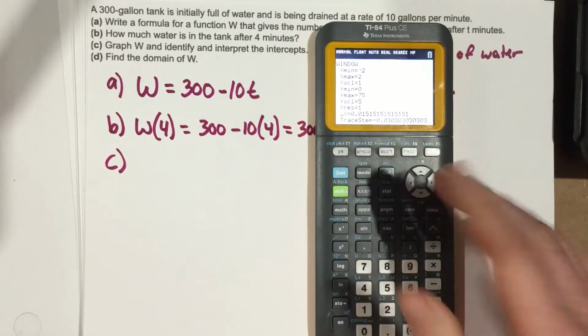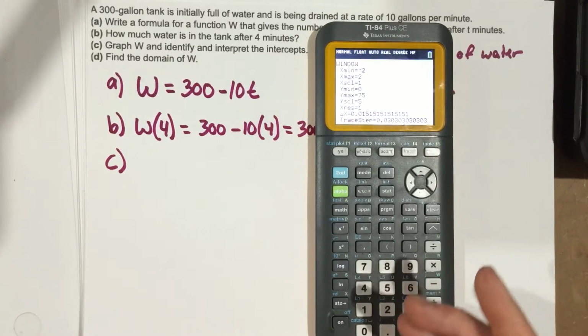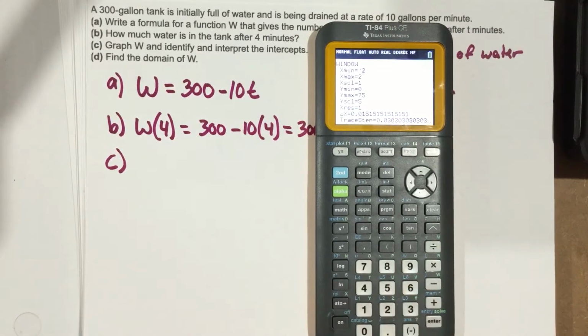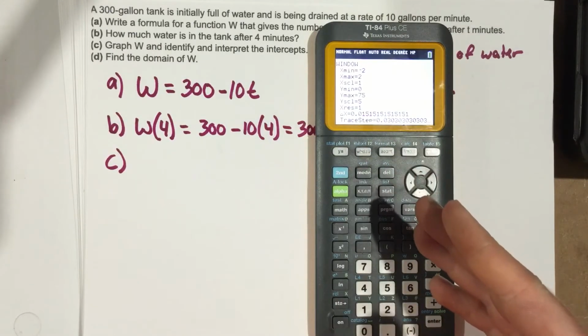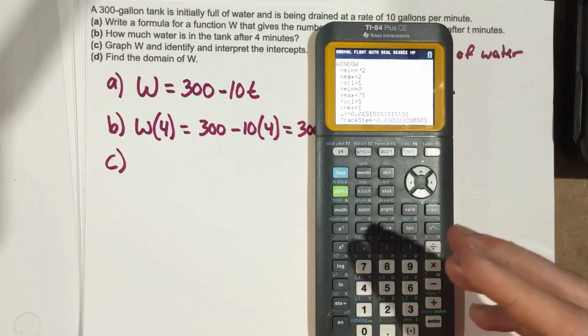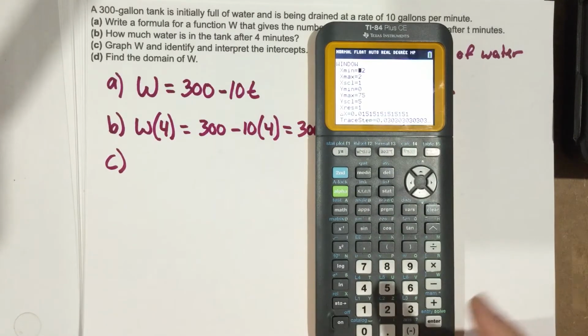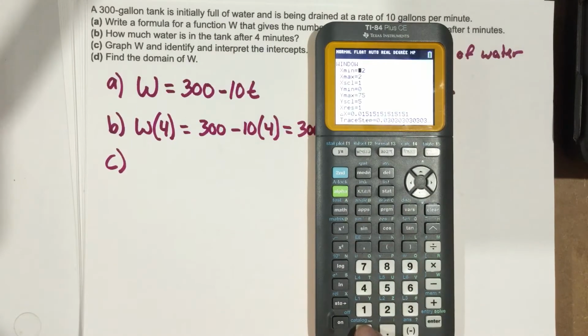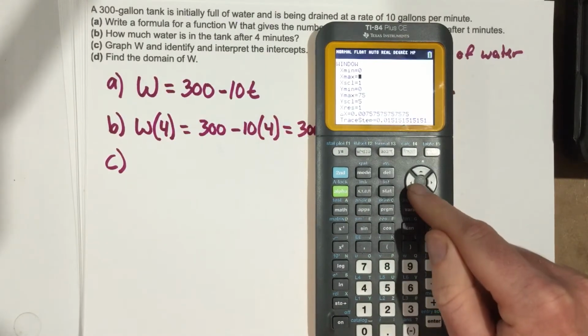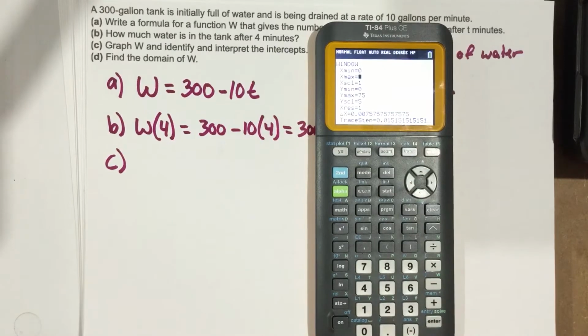And let's change this. We know we're going to start at 300 gallons. We're also going to start at time of 0. As we go more minutes down the road, the number of gallons decreases. So we're going to go ahead and say that the minimum x value here is 0 because that's the minimum number of minutes.